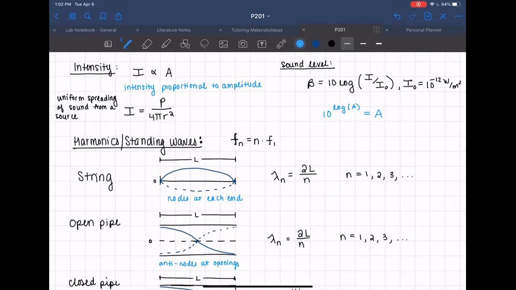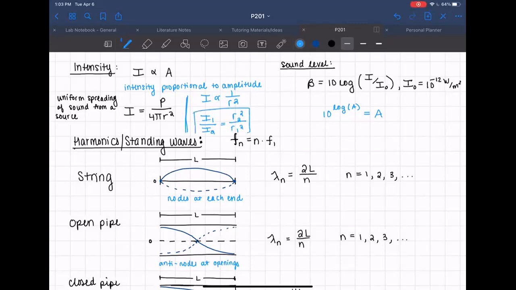So maybe something I'll put on here that's actually useful: if I is proportional to 1 over r squared, if you have a ratio of intensities, that would be I1 over I2 is r2 squared over r1 squared.